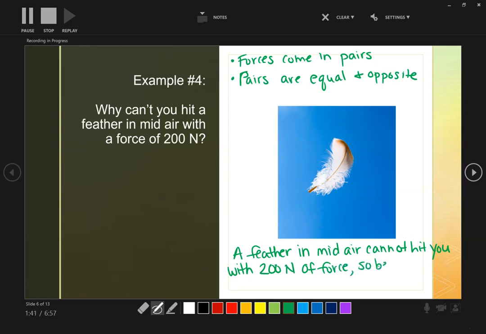Because forces need to be equal and opposite, you cannot hit it with a force of 200 newtons.